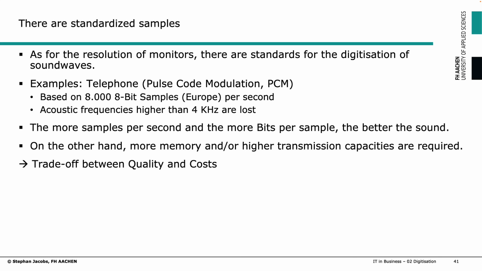Which means, due to electrical engineering, acoustic frequencies higher than 4 kHz are lost. And again, you have the same effect as with the pictures. Sampling and quantification always means that you reduce the quality of the audio file. The more samples you have per second and the more bits you have per sample, the better the sound is.